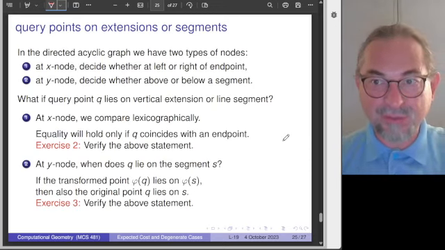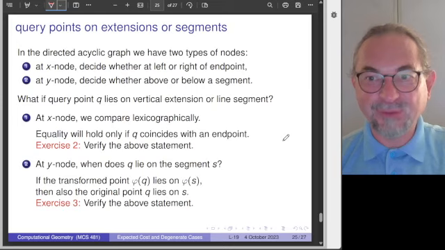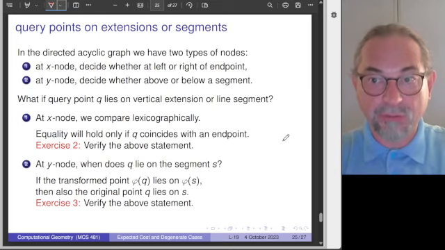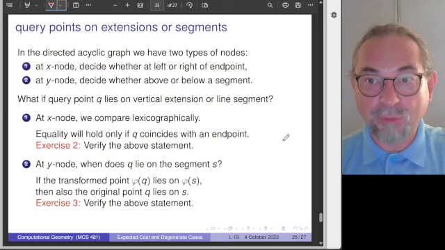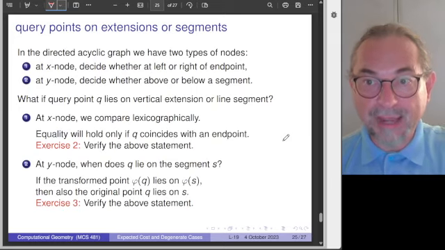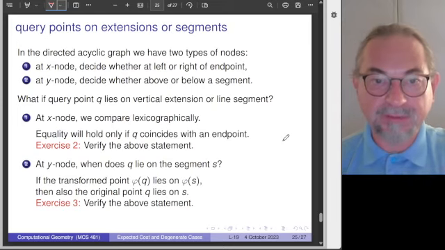So you can think as a programmer that if you store your data structure and you have that test, you have the equality also with the shear coordinates, then it must be that your query point corresponds to the endpoint to which the X node belongs, either the left or the right.